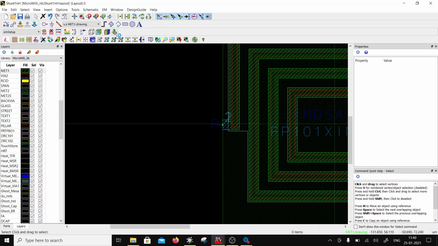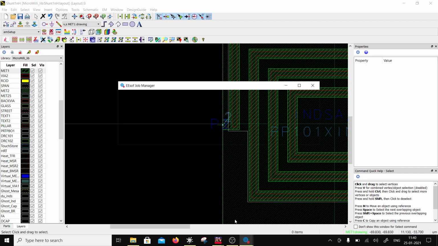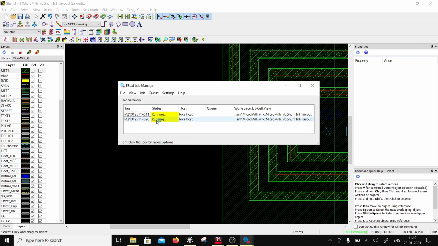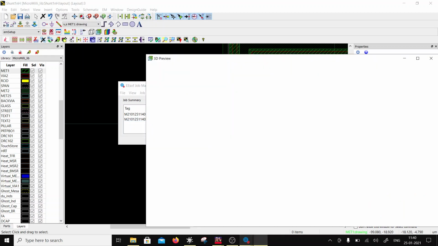Let's look at its 3D EM preview. Okay, the EM preview is done.